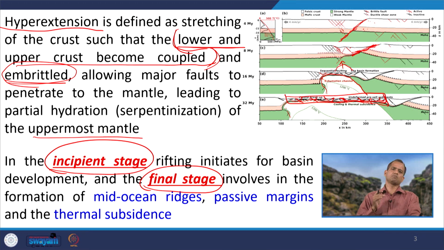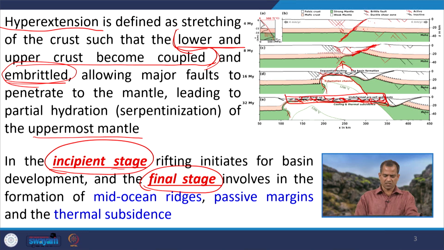The generation of fluid occurs at different stages and different depths. That is why the mineralization will be different. Different minerals are emplaced at different levels and at different times, because rift initiation to finalization takes millions of years. So there are different stages of mineralization with millions of years of difference.